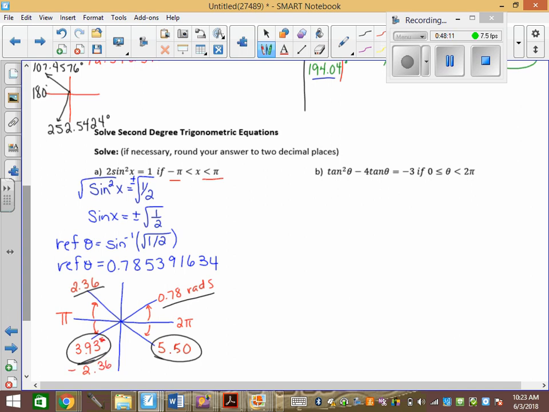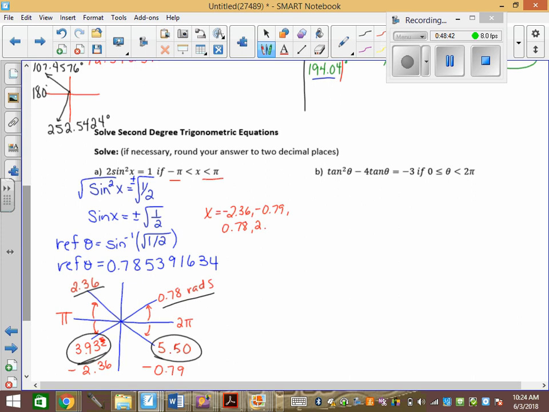I have a degree symbol, that's not true. And then I'm going to do 5.497787, blah, blah, blah, minus 2 pi to get the coterminal. And I'm going to get negative 0.79. So I still have 4 answers. They're going to be negative 2.36, negative 0.79, 0.78, and 2.36.